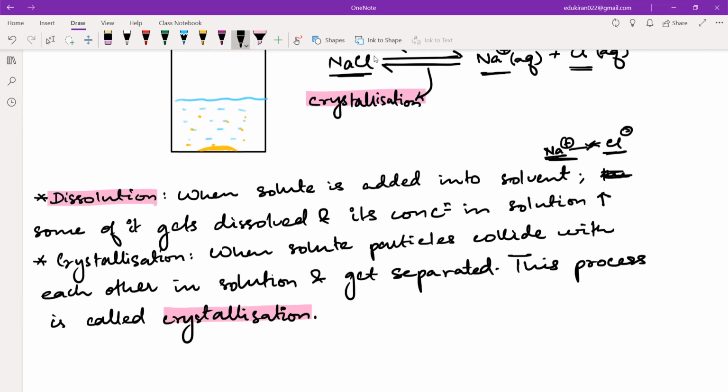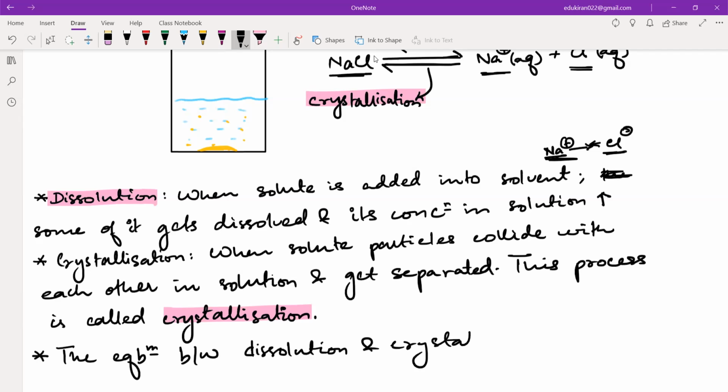Now, one more thing you should remember is that this equilibrium between dissolution and crystallization is dynamic in nature.